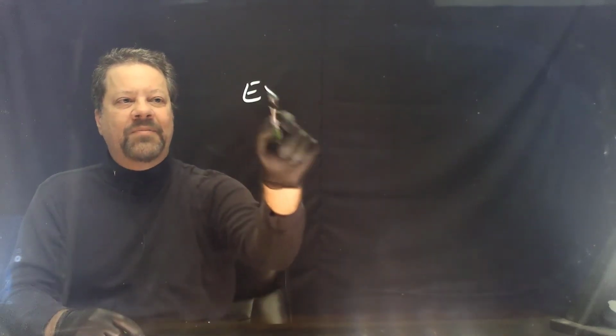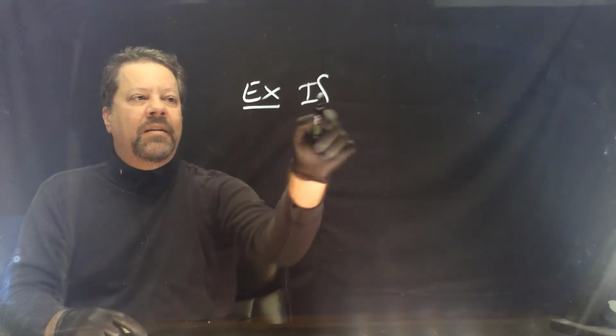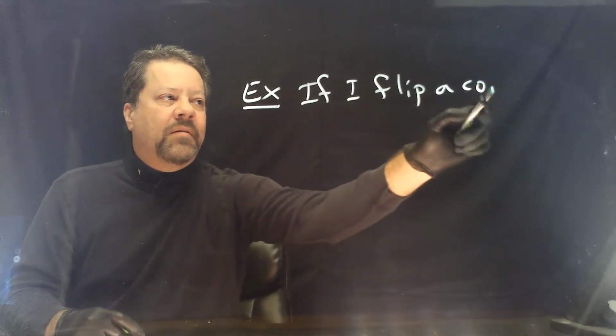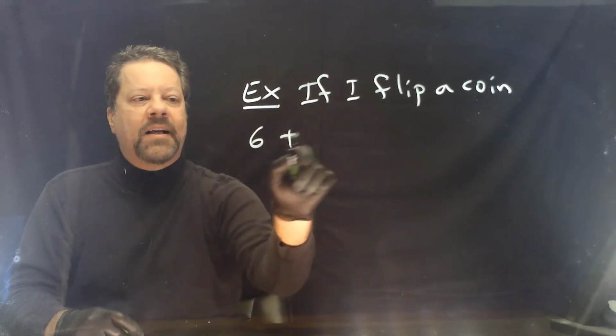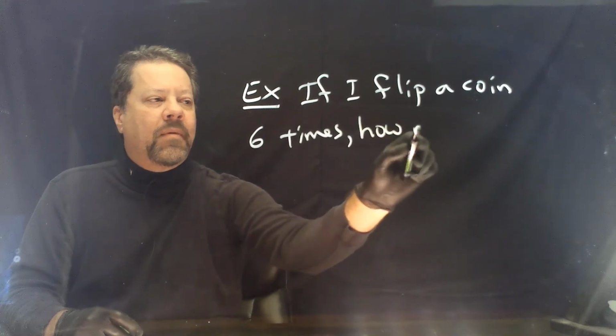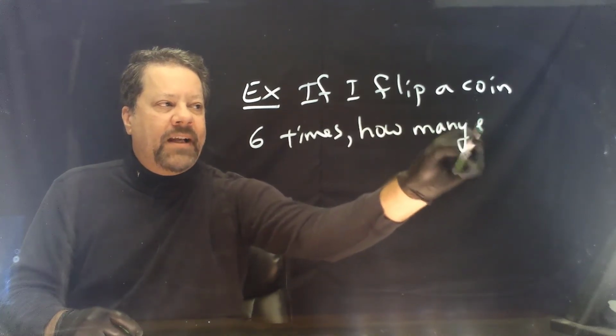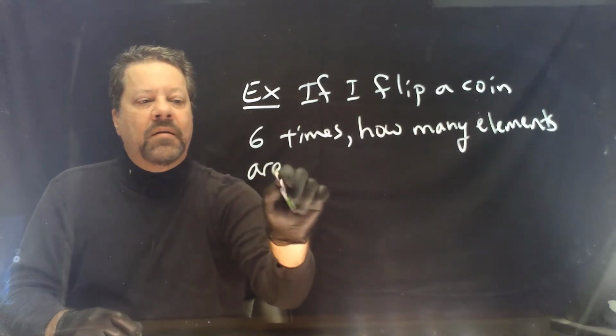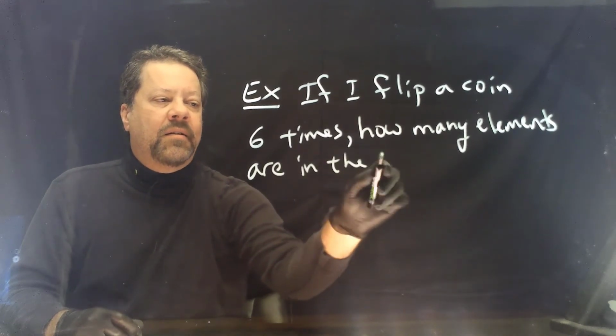So for example, if I flip a coin 6 times, how many elements are in the sample space?